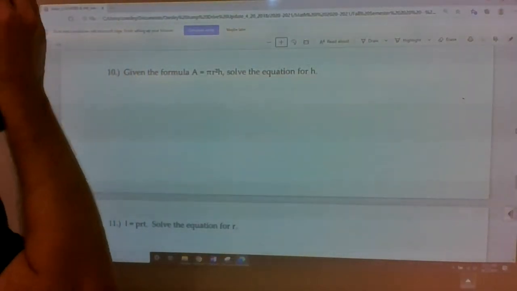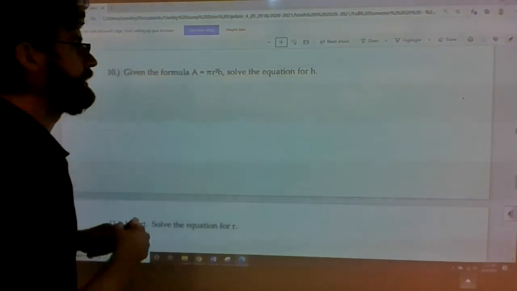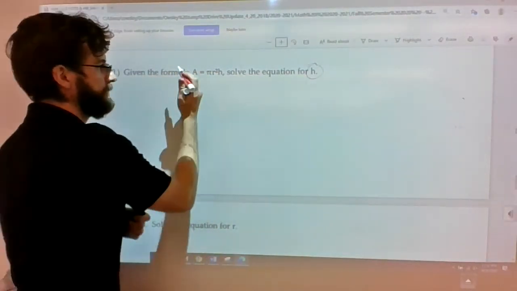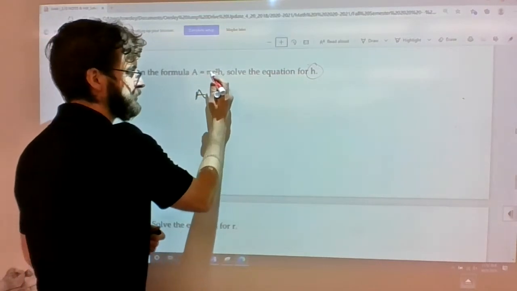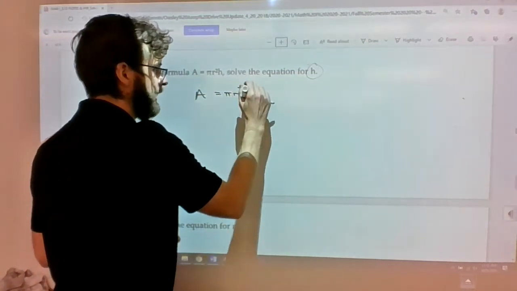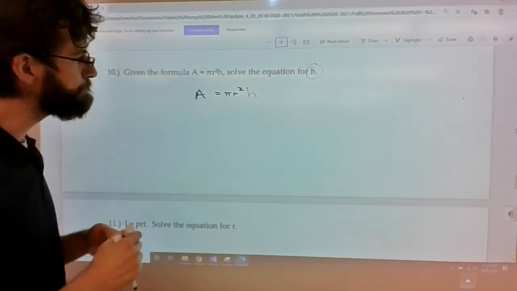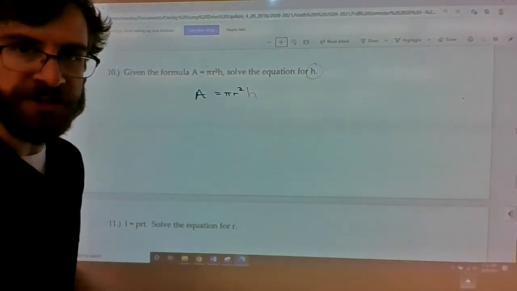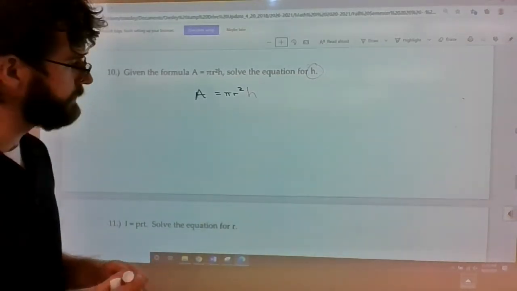All right, number 10. The red variable is h. So the area of a cylinder is equal to pi r squared h. This is the exact same situation that we just saw in number 8.